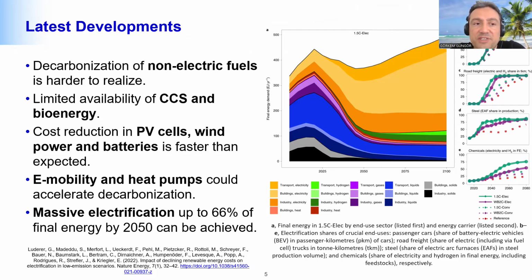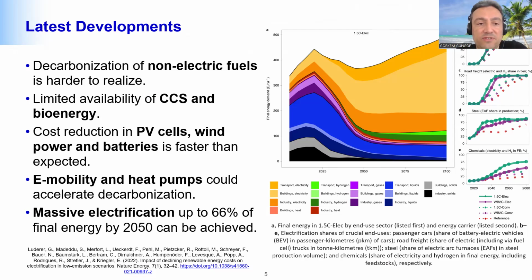We have the situation that there is still limited availability of carbon capture and storage technologies and bioenergy availability, depending on the constraints in countries. Only for the former Soviet republics, this constraint is more relaxed.